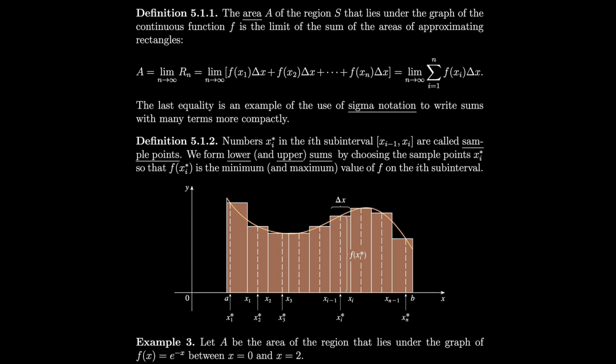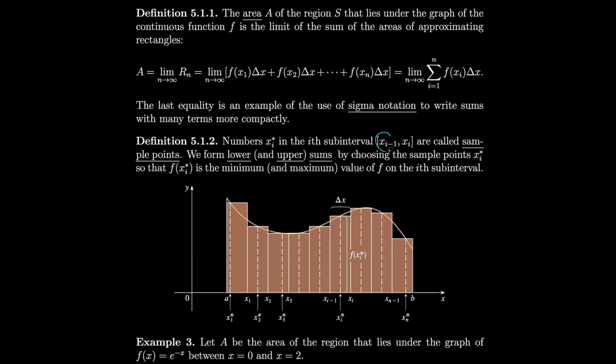Okay, so these numbers xi star in the ith subinterval over here are called sample points. So in this case, x1, x2, xn, those are our sample points. We're choosing those sample points on the right side, so those are all chosen from the right side of the interval. We didn't have to do that though.